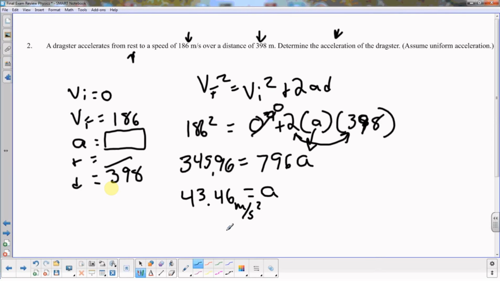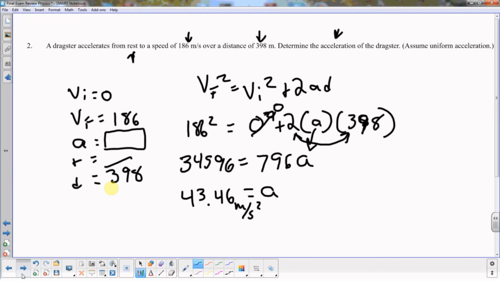As it is an acceleration, that's what we're dealing with. So hope that helped you out. The acceleration of the dragster, assuming uniform acceleration, is about 43 meters per second squared. There's your answer.